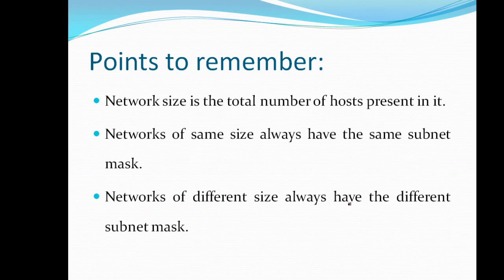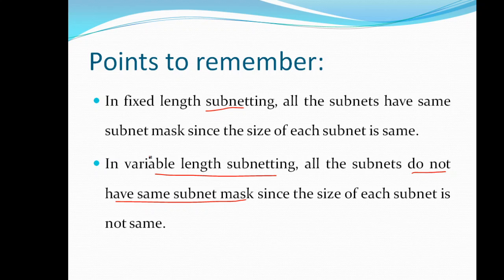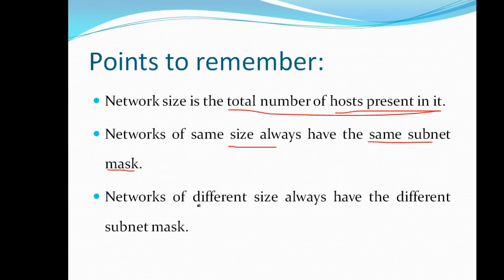Now, the network size is the total number of hosts present in it. Networks of the same size always have the same subnet mask, so that is fixed length subnetting. Networks of different sizes have different subnet masks, so it is variable length subnetting.